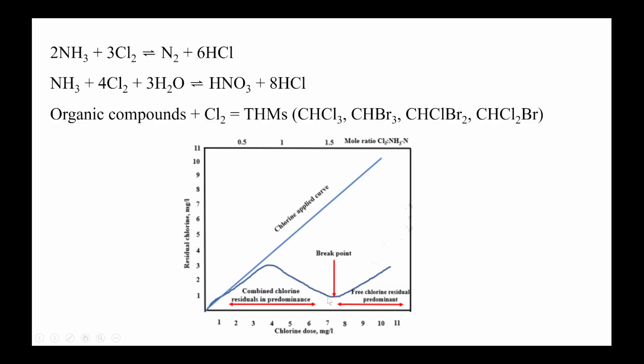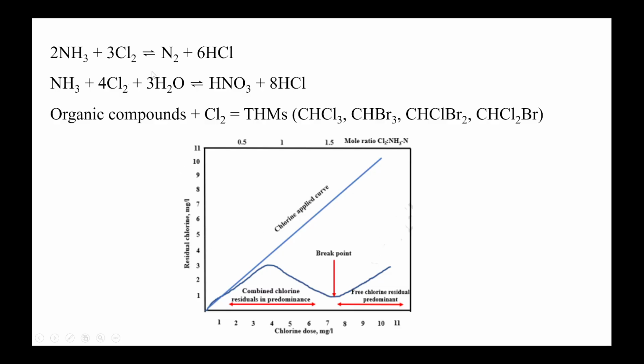So the point where this change in the chlorine concentration from decrease to increase occurs is called the break point, and the process is called breakpoint chlorination. And that break point is achieved till all the ammonia and other oxidizable organic matter have reacted with the chlorine.